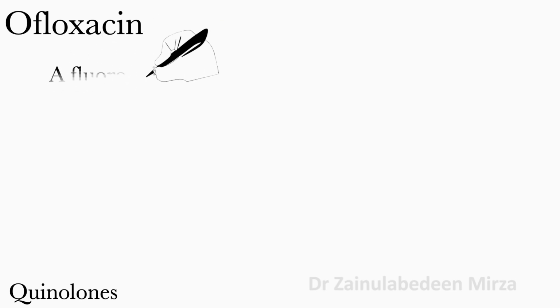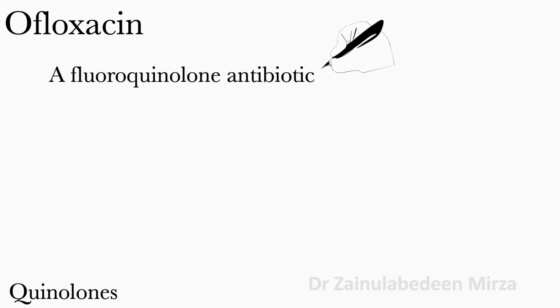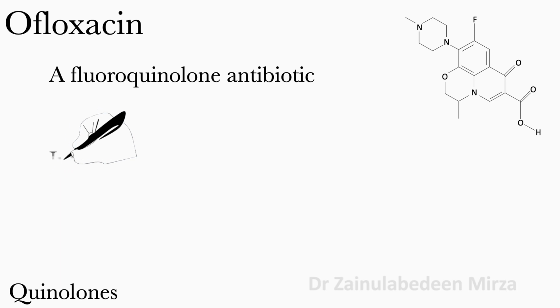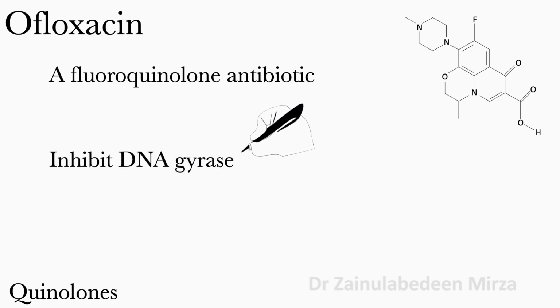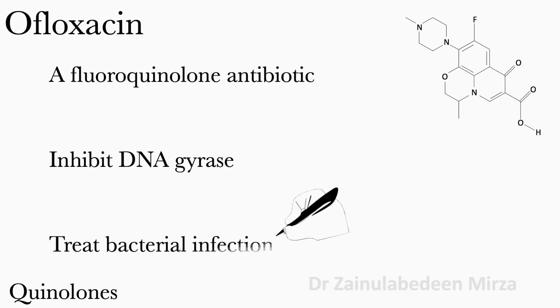Ofloxacin is a fluoroquinolone antibiotic that inhibits DNA gyrase in susceptible microorganisms, interfering with bacterial cell replication and repair. And ofloxacin is used to treat bacterial infections.